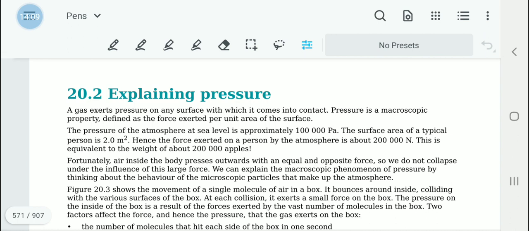When you press hard on the surface of a table, you are exerting a pressure only towards the table. It does not apply in any other direction, but in fluids it acts in every direction. Pressure is a macroscopic property, and it is defined as the force exerted per unit area of the surface.